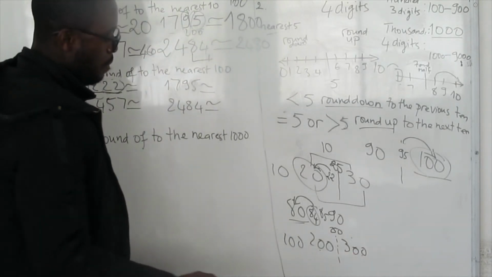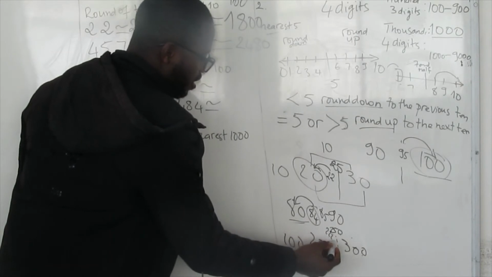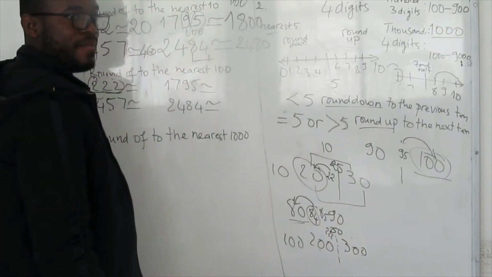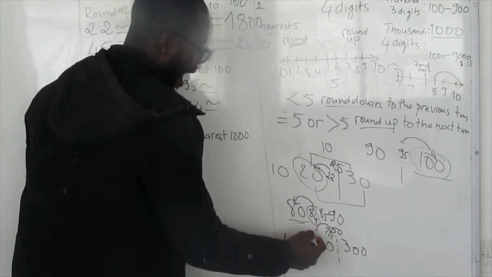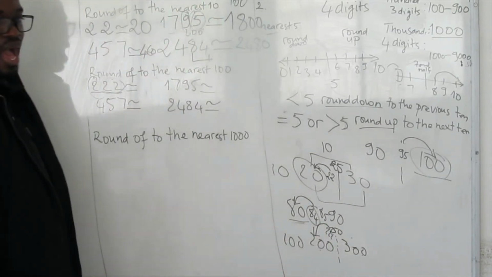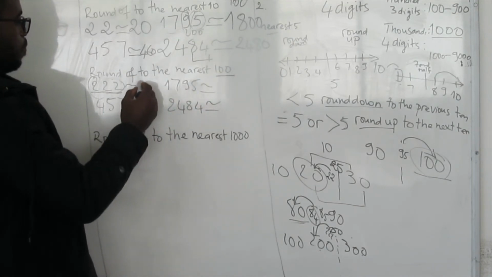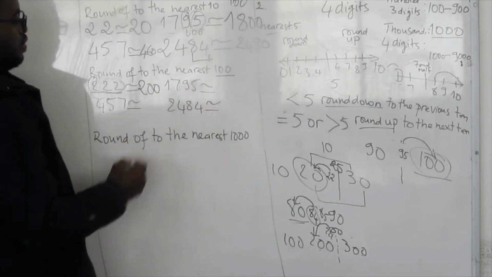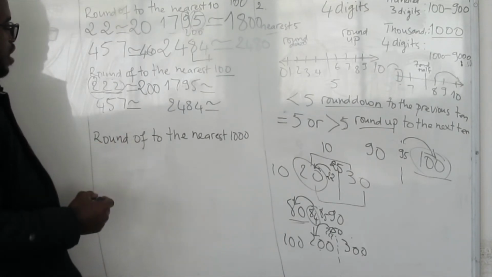The middle here is what? 250. Our 222 is less than our middle or our half. So we do what? We round down to the previous 100. The previous one is what? 200. Understand now?